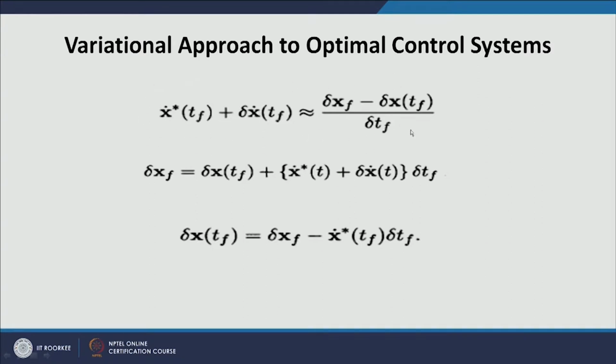So I can approximate this with delta xf minus delta x of tf, divided by delta tf. If I cross multiply, I will get x dot of tf multiplied by delta tf, plus delta x dot of tf multiplied by delta tf, these two values, and then the delta x of tf.